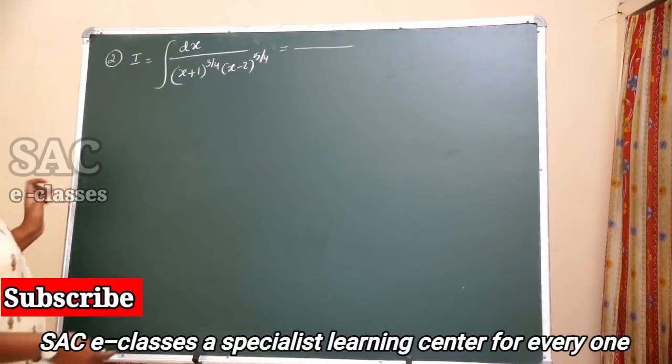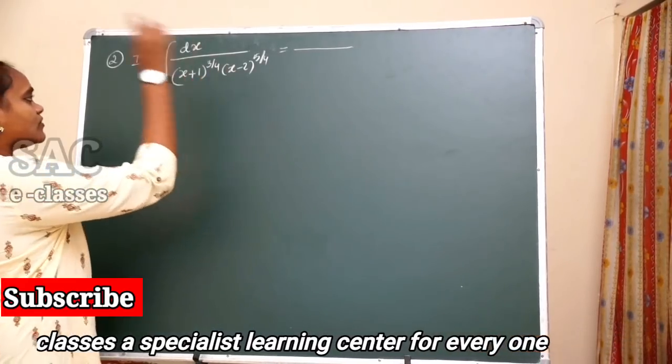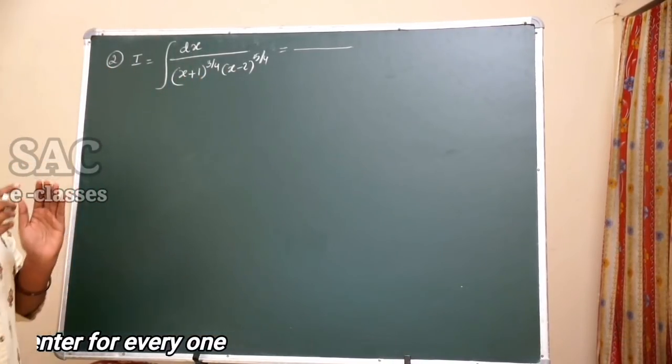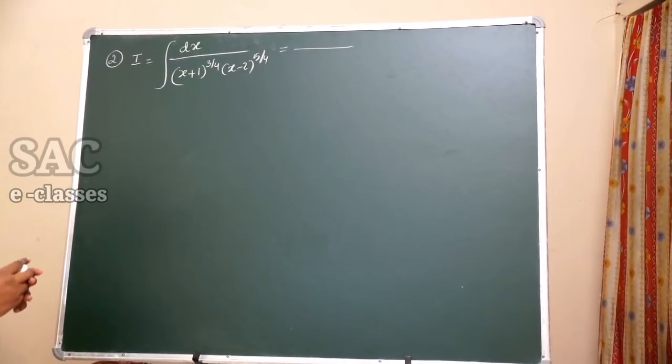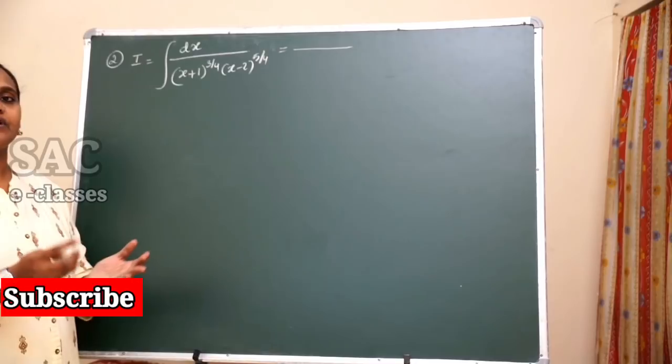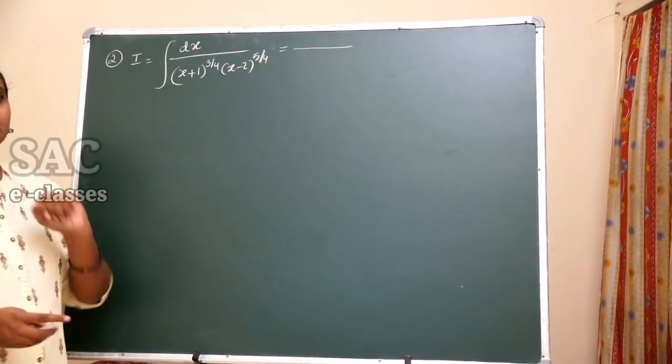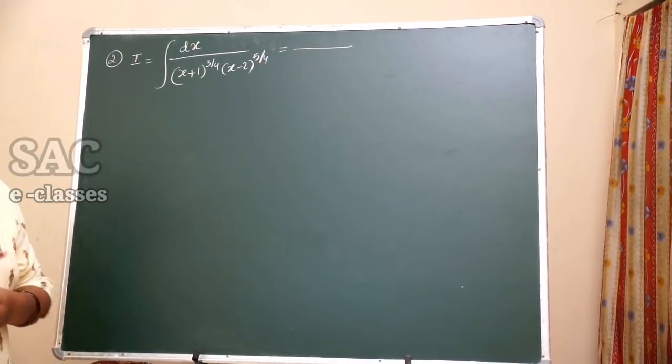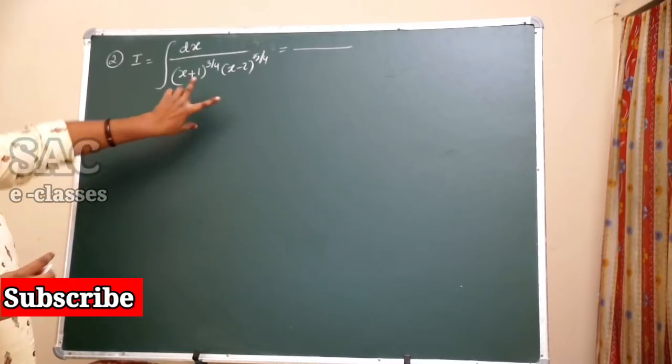Now in what way can we solve this whenever there are powers like this? In a previous video I explained what to do whenever fractional powers are there, but this is completely different.